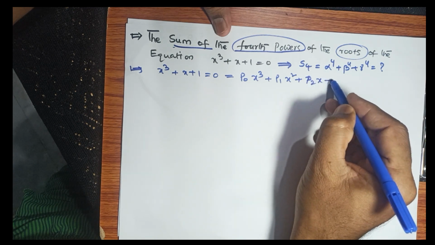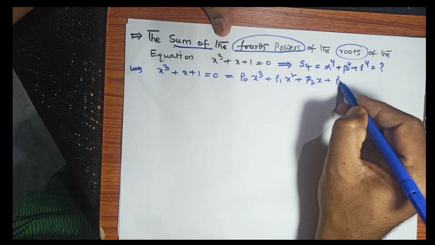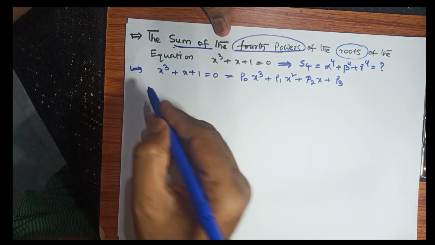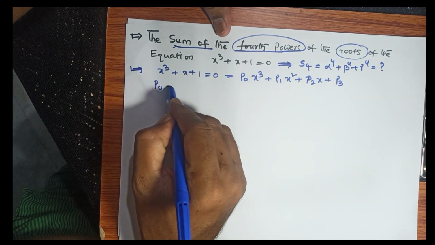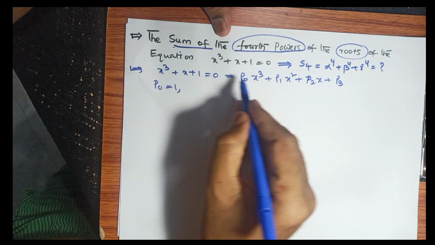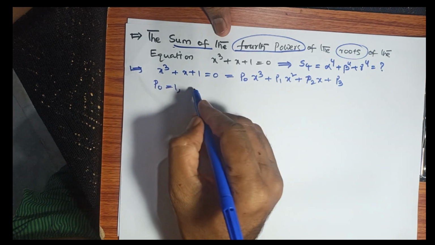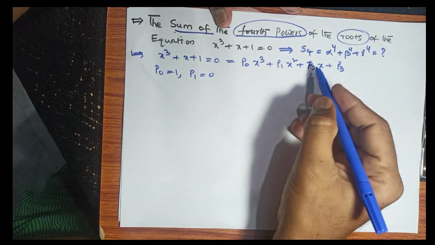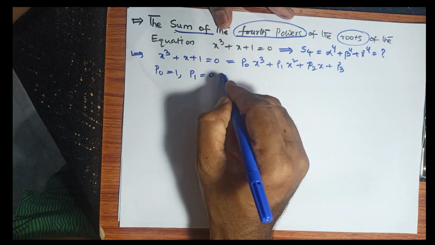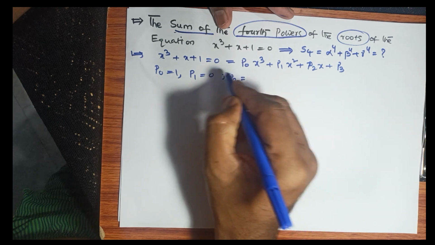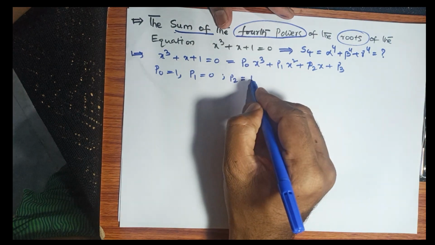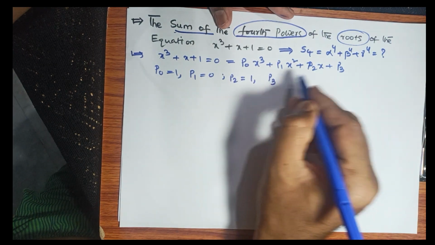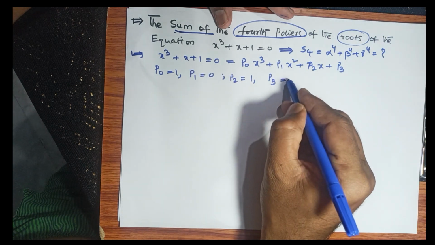If you compare, P0 is 1, the x cube coefficient is 1. The x square coefficient is not there, so P1 is equal to 0. Next, P2 is the x coefficient, which is 1, and P3 is the constant, which is equal to 1.